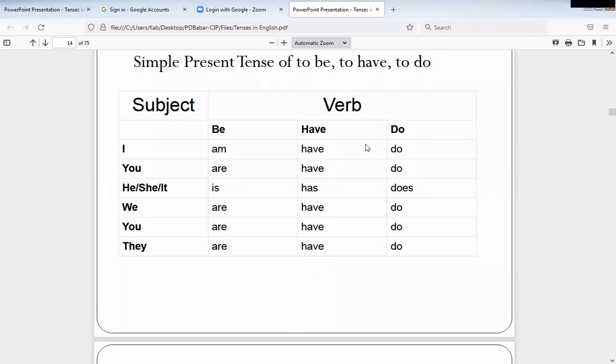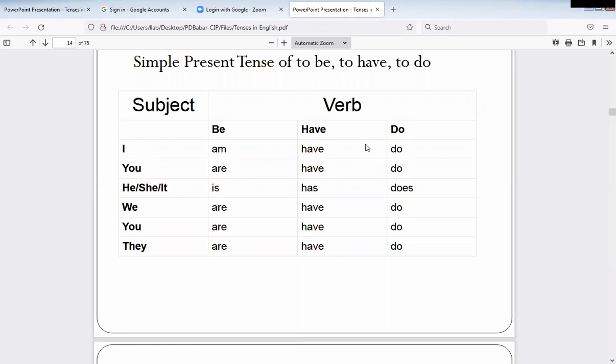So I am a teacher or I am a lecturer. Then I have a car, I have a bike, I have a helmet. These are the sentences we have to use. Then I do a project, or I do a template, I do a presentation. This we have to keep in mind.